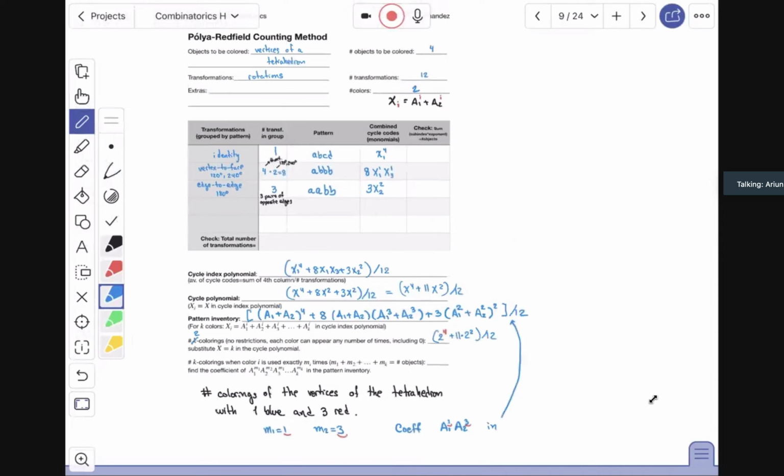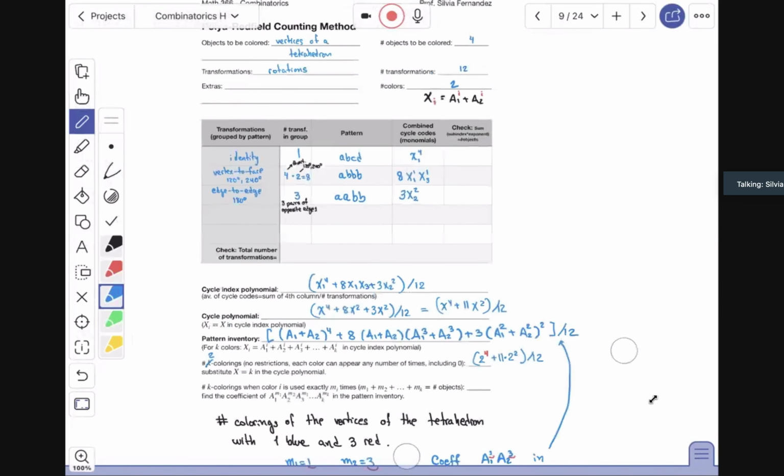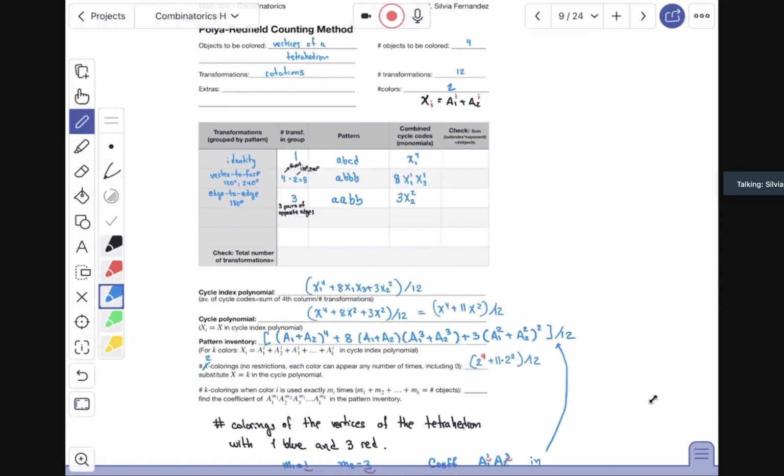How did we get A, B, B, B on the second row, vertex to the face? Oh, so in the tetrahedron, this is the rotation edge to edge. You can place it on the table and then rotate 180 degrees, and then you need to follow the vertices.